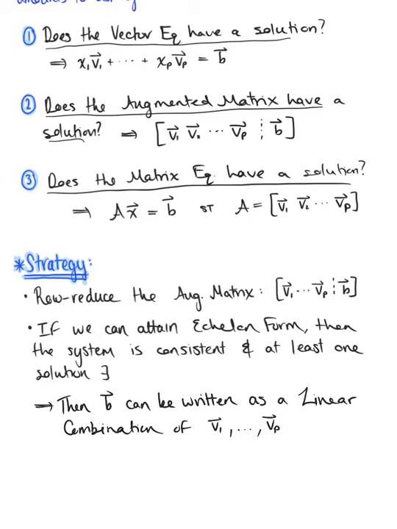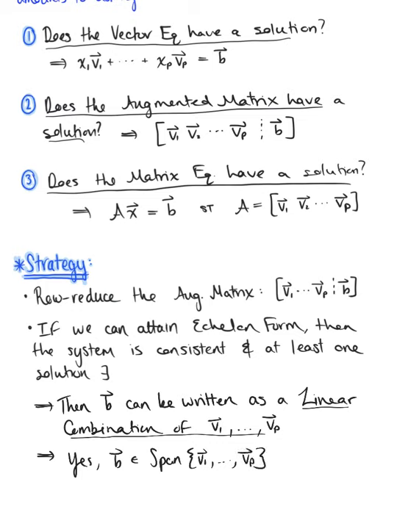And since the span is the collection of all possible linear combinations of these vectors, then we can officially conclude that yes, vector b is in the span of that set of vectors, v sub 1 through v sub p.